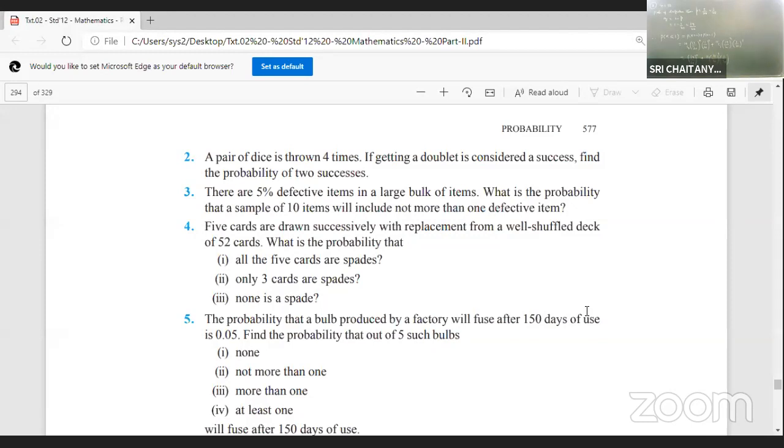5 cards are drawn successively means N value is equal to 5, right? Write down first of all. You copy that one or take the screenshot of that fourth problem, please.